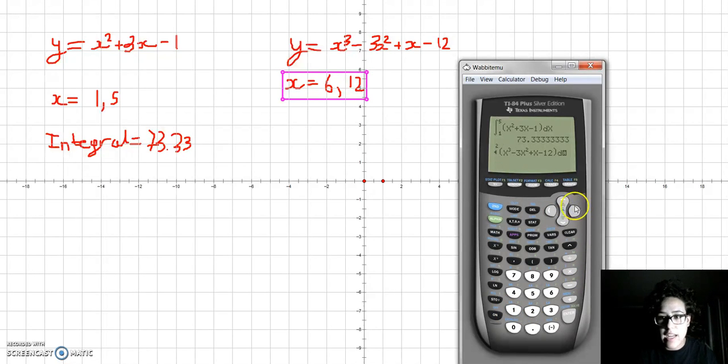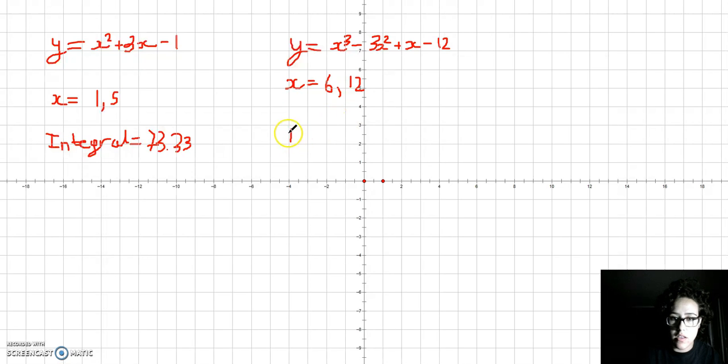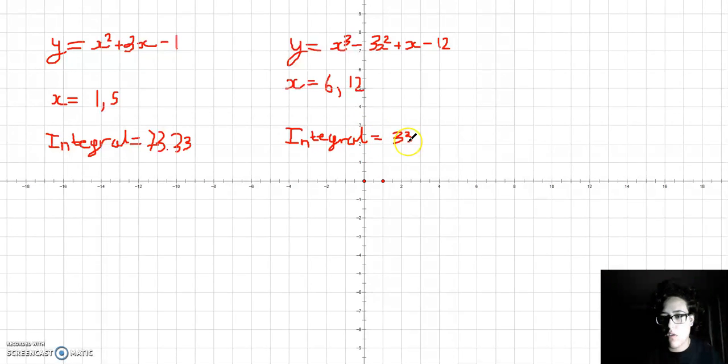We press right arrow again, press x, and then we just hit enter, and we get 3,330. 3,330 was our answer there.